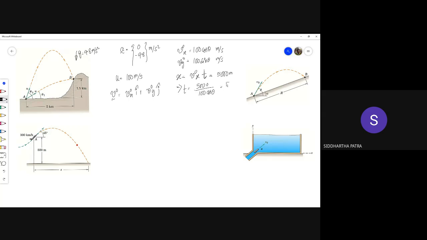So 50 by cos theta is the duration. And in that duration you are supposed to travel 1500 along y, and you can right away use whatever equation you have learned for projectile. So basically it is v0y times t minus half into 9.8 into t squared.